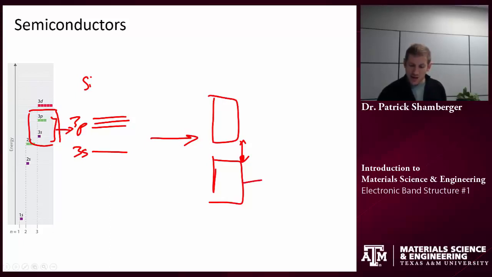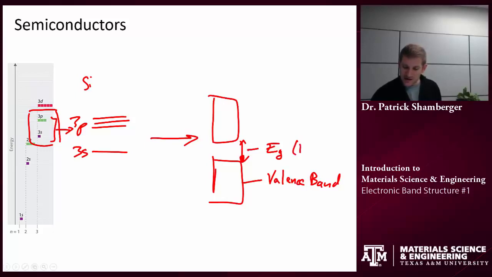In a semiconductor, I would call this the valence band. I would call this the band gap, and oftentimes we abbreviate that E sub G, band gap. And I would call this the conduction band.